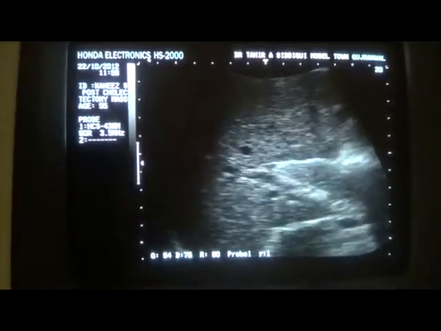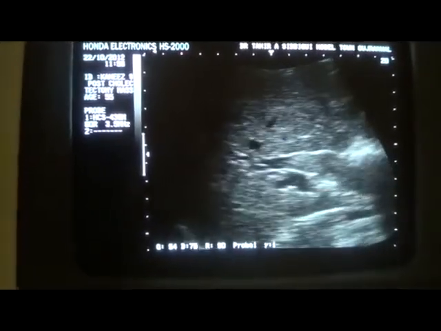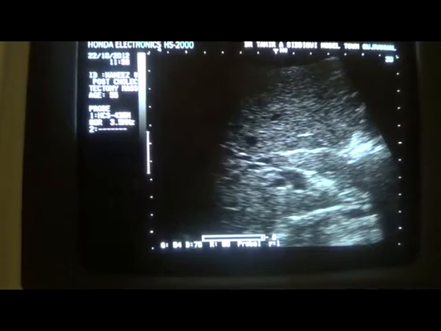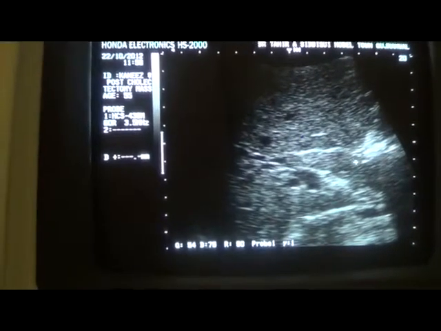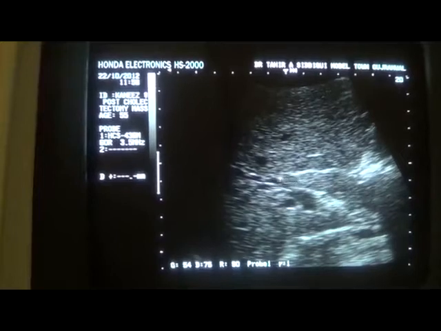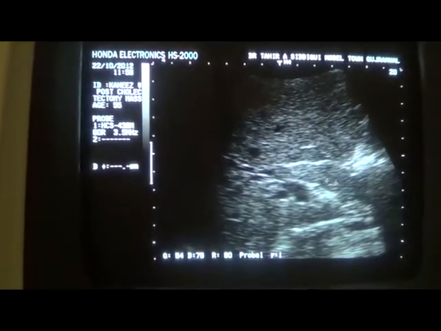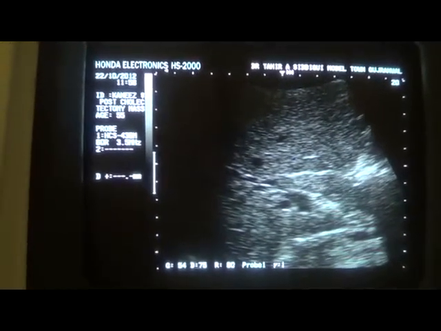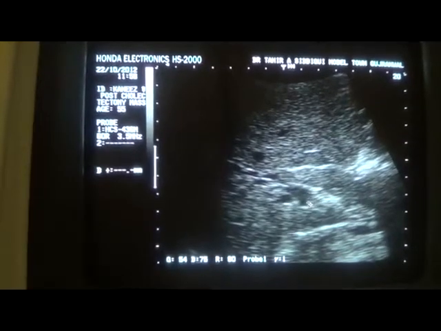However, the possibility of a tumorous sludge cannot be ruled out by ultrasound. This is the common bile duct, this area, and it is filled with echogenic material. The sludge, this is the portal vein.